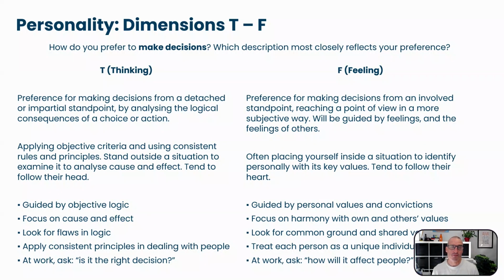For the scale of thinking and feeling, on a thinking standpoint, it's around using logical sequences to determine a choice or action. And then feeling is that we are guided by feelings and the feelings of others. So it's a tendency to follow your heart.